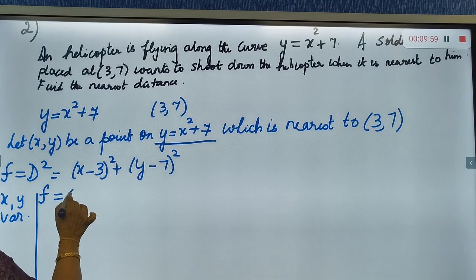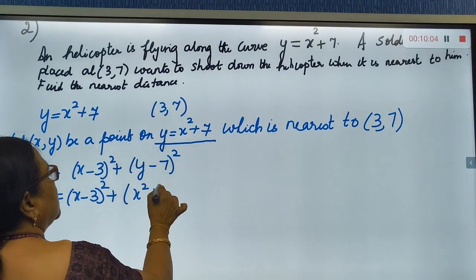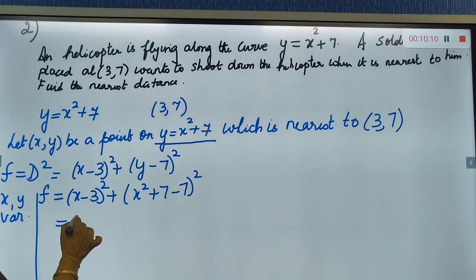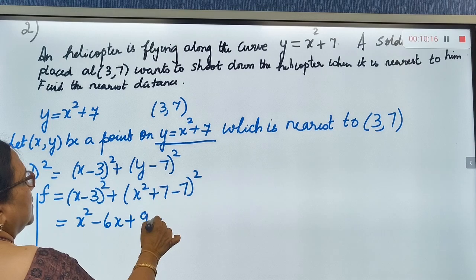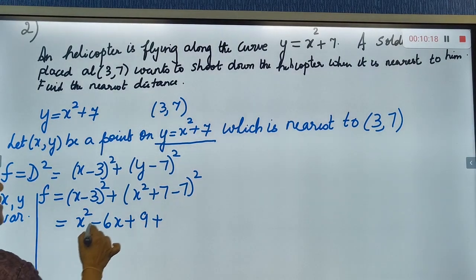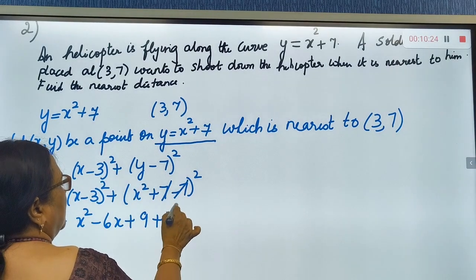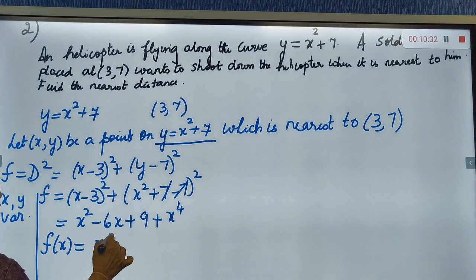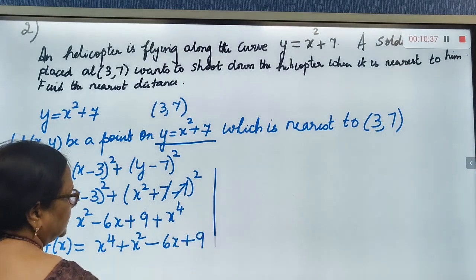So f is equal to x minus 3 the whole square plus x square plus 7 minus 7 the whole square. This is x square minus 6x plus 9, plus, 7 gets cancelled, y is x square, so x square the whole square, which is x power 4. So f of x is x power 4 plus x square minus 6x plus 9.